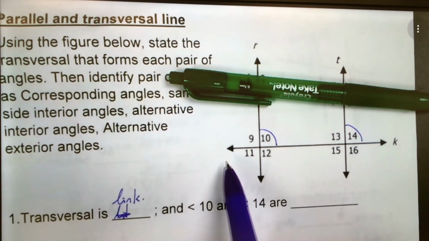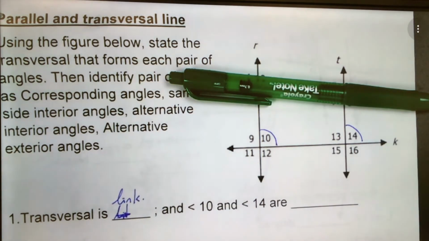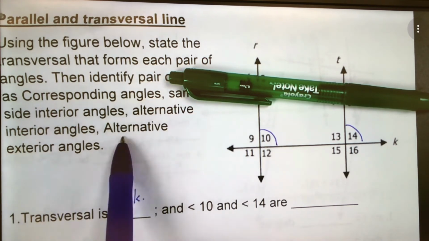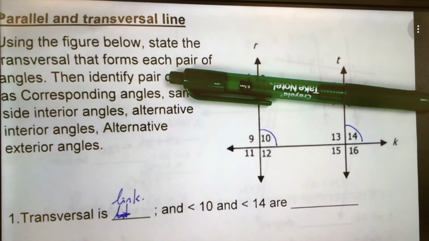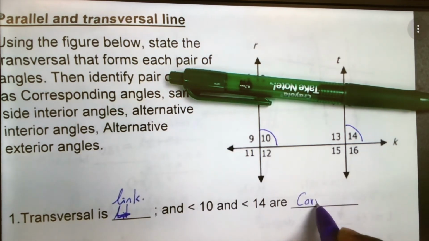So line K is the transversal line, and T and R are the cut lines, and we need to identify what type of angles 10 and 14 are, whether they are corresponding, same side interior, alternate interior, or alternate exterior. Look, they are in the same spot, so 10 and 14 are corresponding angles.